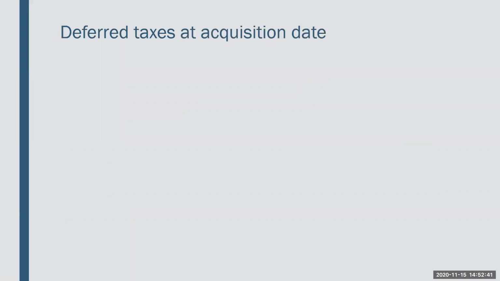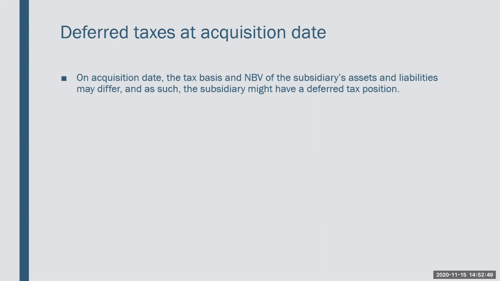Now, in the case of a business combination, deferred taxes are calculated on acquisition date. On the date of acquisition, the tax basis and the net book value of the subsidiary's assets and liabilities could differ. And as such, the subsidiary may have a deferred tax position already on its books.